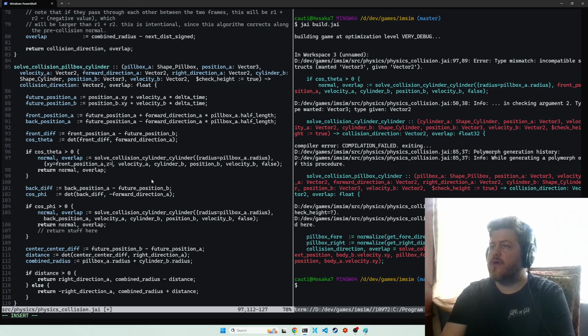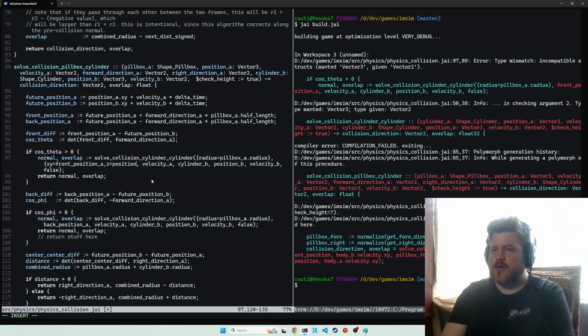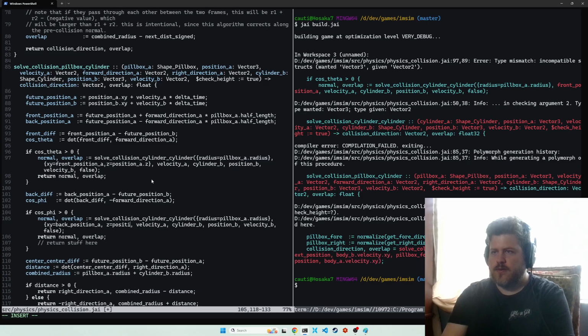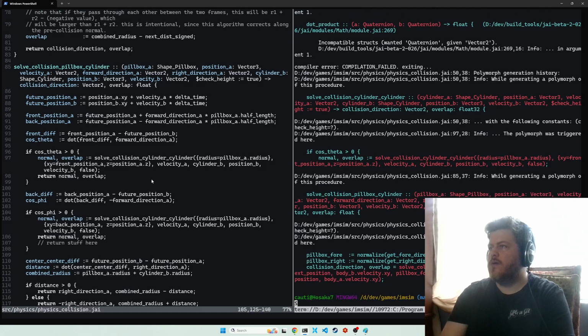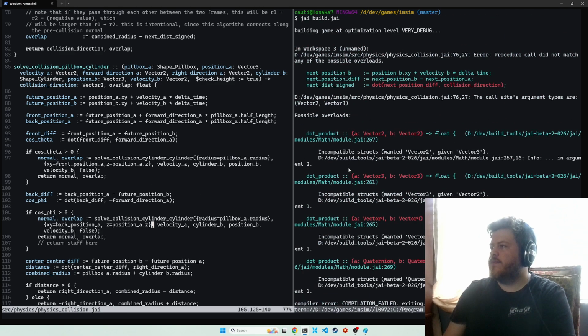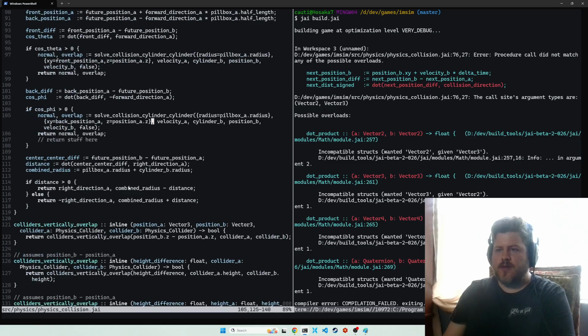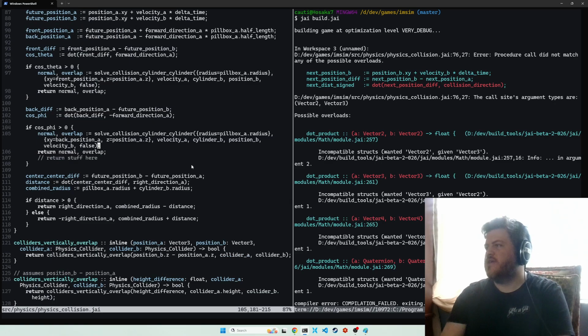Z equals position B or position A dot C. Just pass the Z along here. Yet more problems. Alright, don't match any possible overloads, next position diff, collision direction. Okay, well that makes sense. They both need to be vector 2s, but one's a vector 3. Second one, so collision direction.